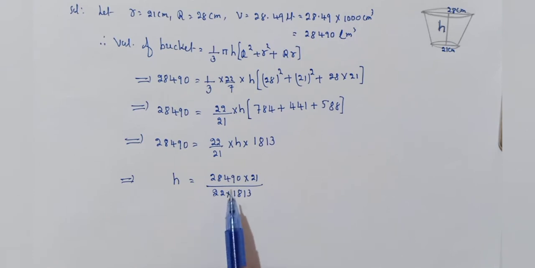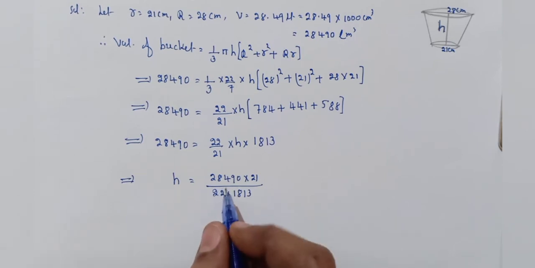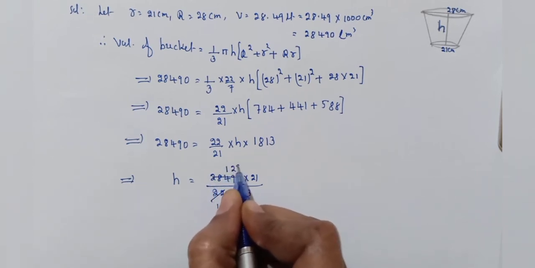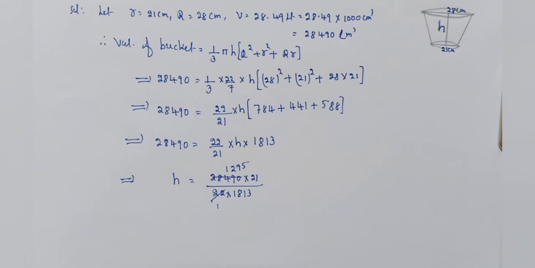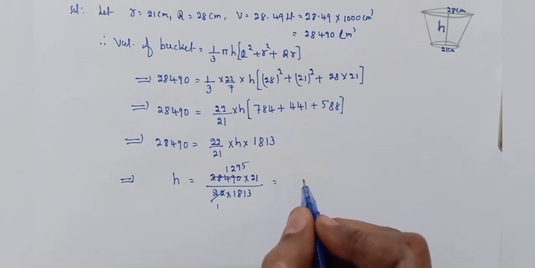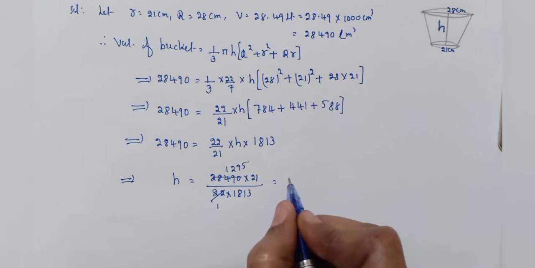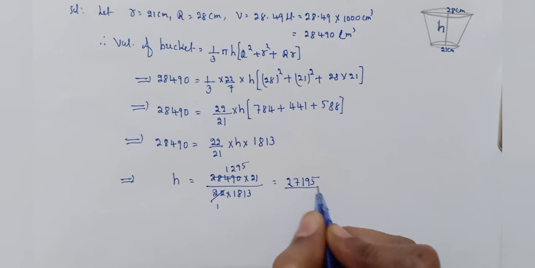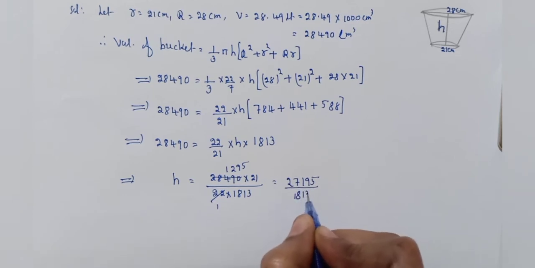Divide 28,490 by 22. It divides 1295 times. Next, multiply 1295 into 21, that is 27,195, by 1813.